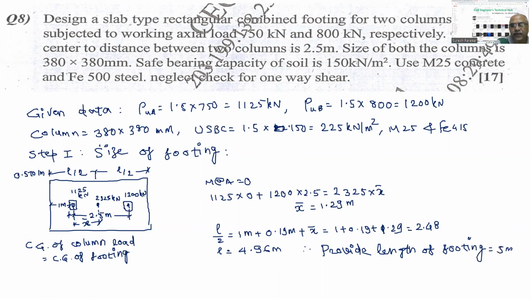Now we have to find the width, and for this we have to find the area required. So we find the total load on footing in the same way as for an isolated footing.